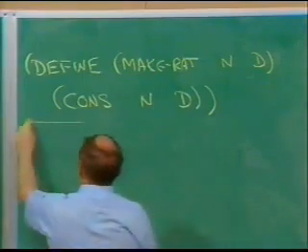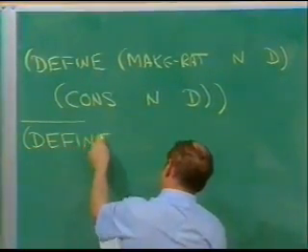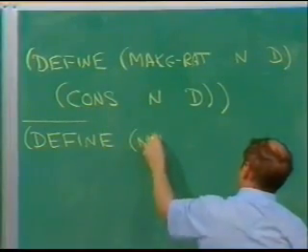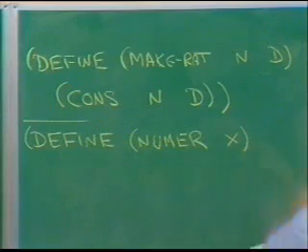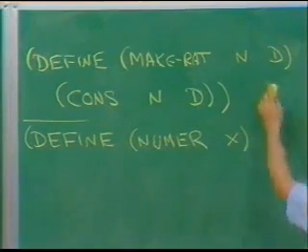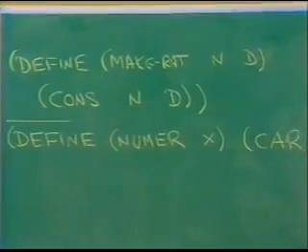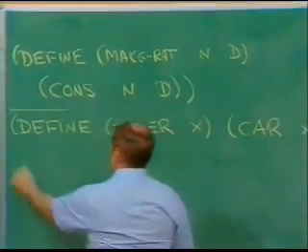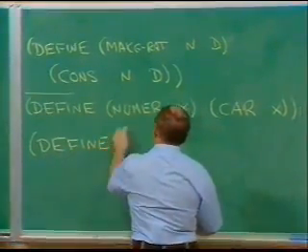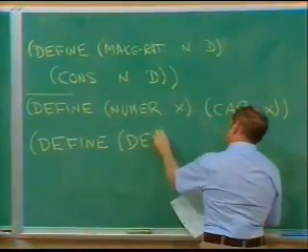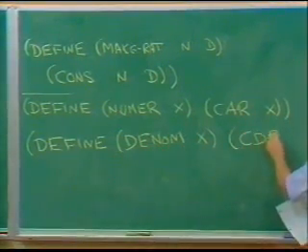Then if I want to get the numerator out, I can define numer of some rational number x. If the rational number is implemented as a pair, then all I have to do is get the car of x. And similarly, define denom, which is going to be the cdr, the other thing I put into the pair.